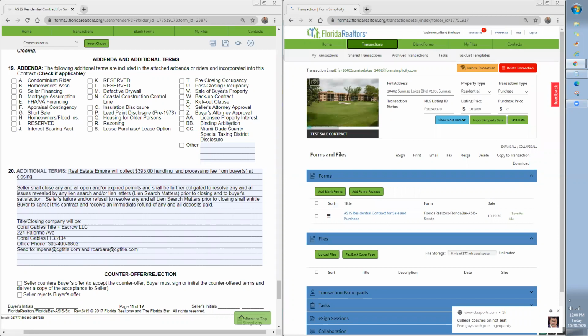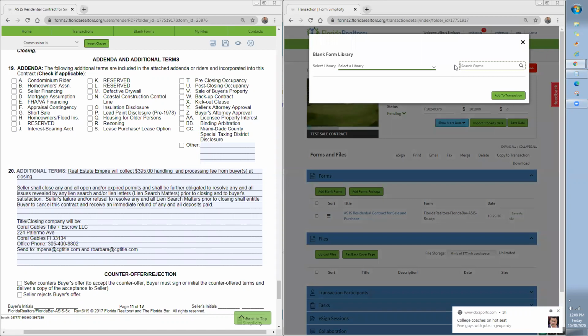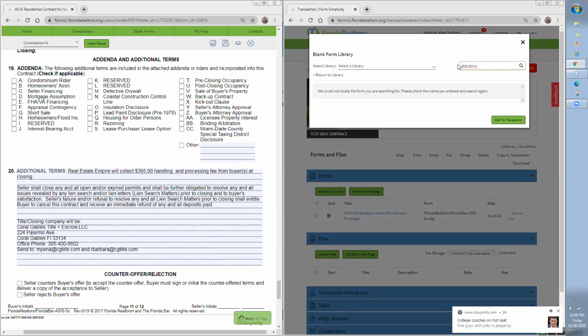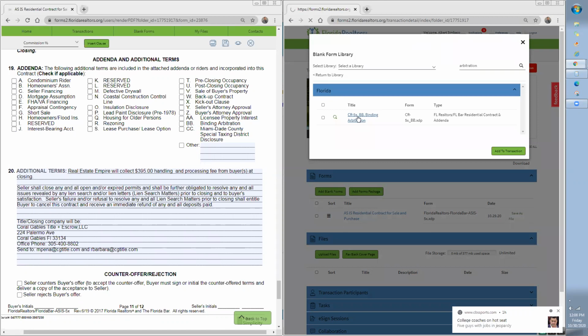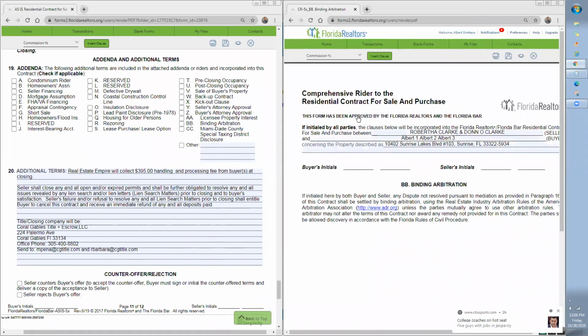Then we're going to binding arbitration. Binding arbitration means if there is ever a dispute on the escrow amount that's being held, it needs to go into first mediation.